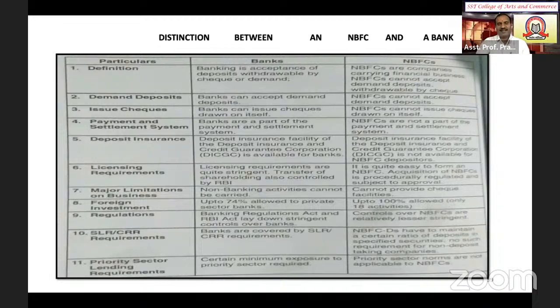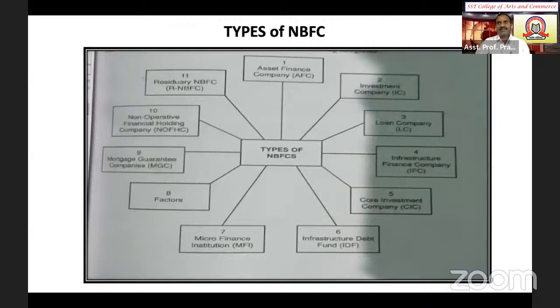So be prepared for the distinguish question, for 7 or 8 marks. Sometimes the question will arise: explain the types of non-banking financial companies, in short notes or theory question. So you must be prepared for these two questions for your coming examination.